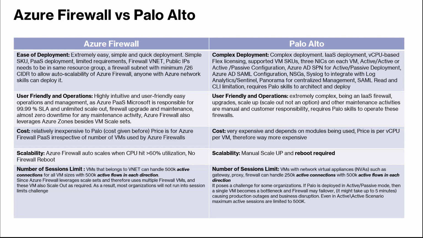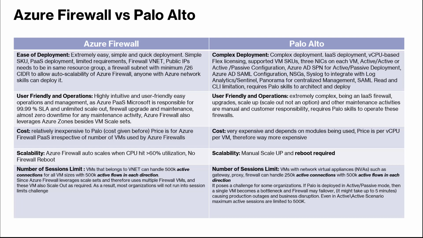If you need to integrate Palo Alto with, for example, Sentinel or a Log Analytics Workspace as your centralized monitoring or SIEM solution, now you need to think about putting in a syslog server, configuring the syslog, and fine-tuning it so that your logs present correctly in Sentinel, right? For centralized management, you need to start looking into Panorama. So this is complicated.